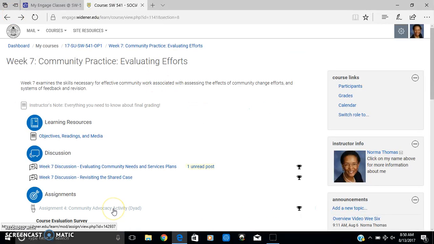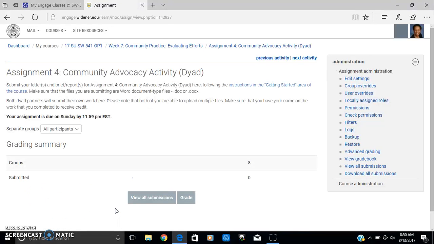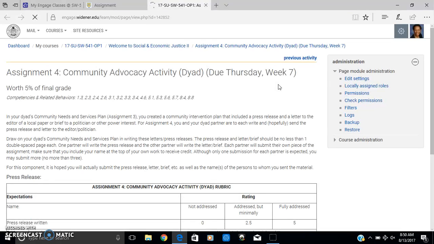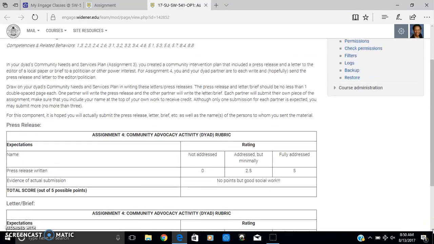Assignment 4 is now due. For assignment 4, you want to go back to the instructions in getting started, and you will see the rubric.